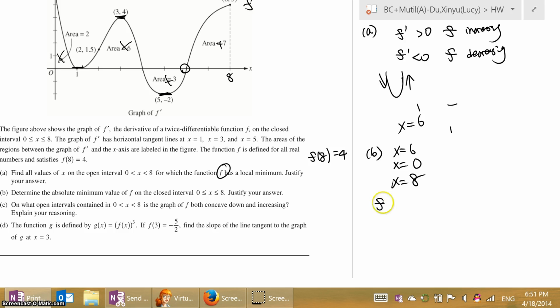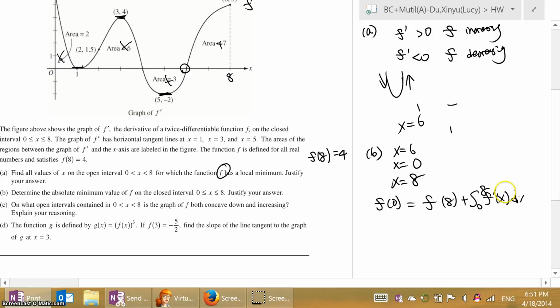So f(0) should equal f(8) plus the integral, in this way a reversed integral because we're looking for f(0), of f prime x dx.